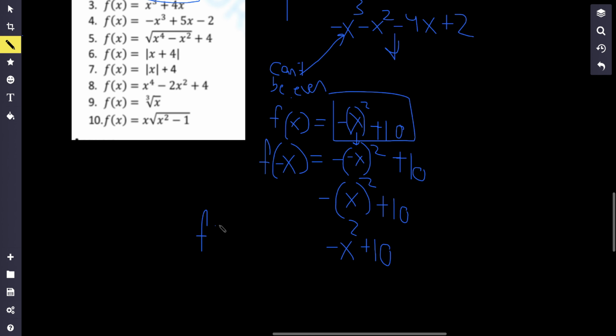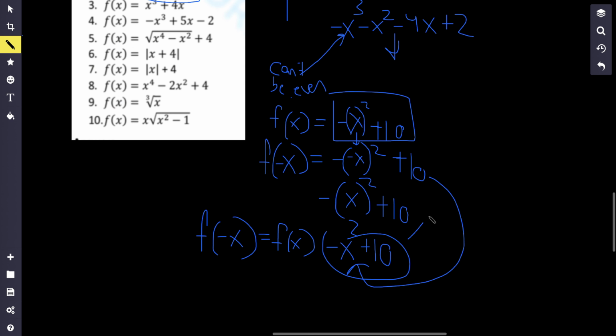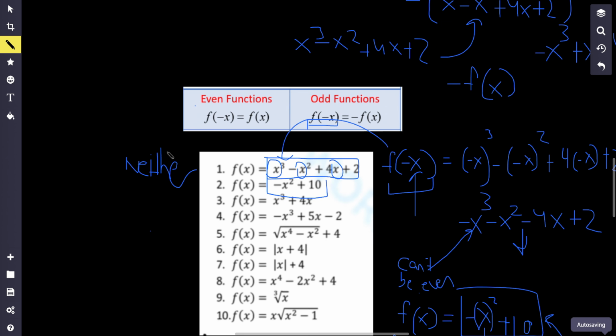In this case, when we plug in negative x for our function, we get back our original function, right? When you plug in negative x squared, negative of negative x squared plus 10, after some simplifying, we get back to our original function. Very same thing. Therefore, this is an even function.